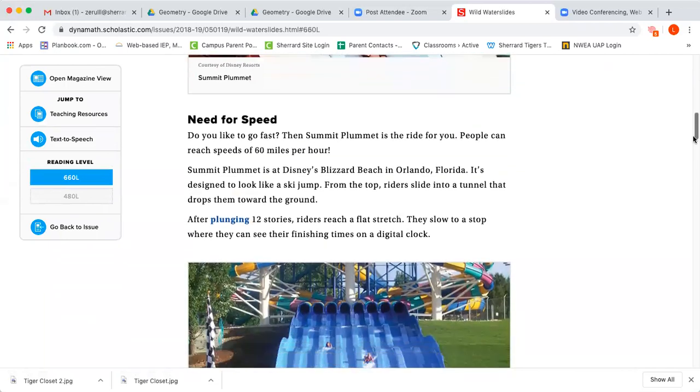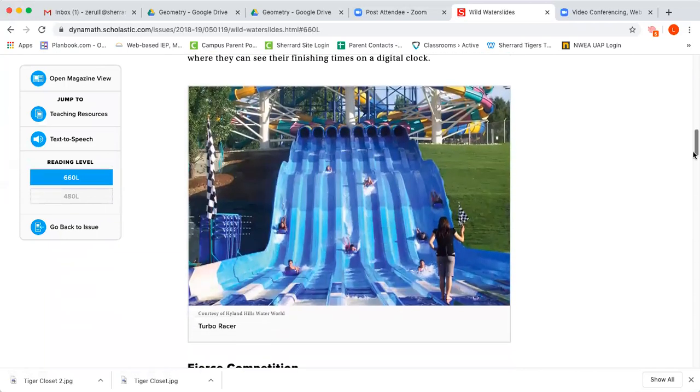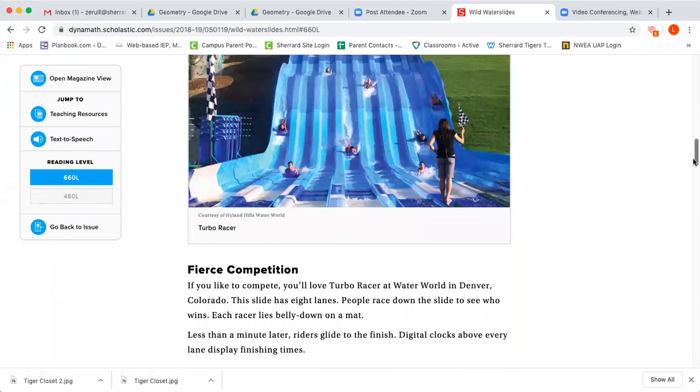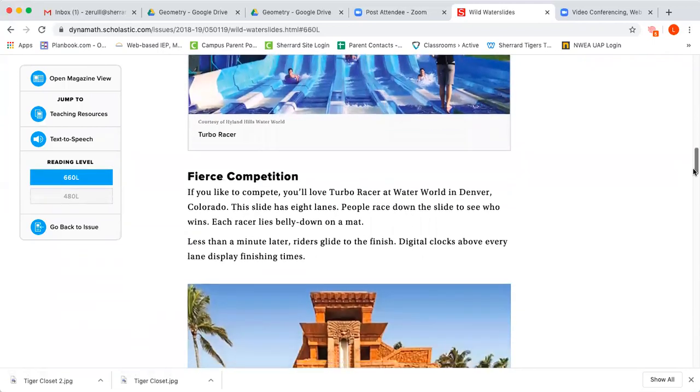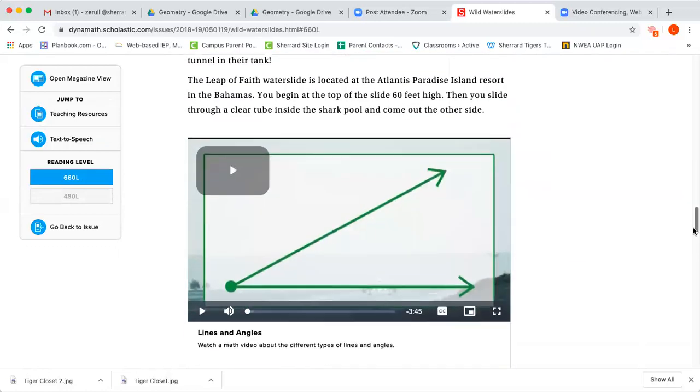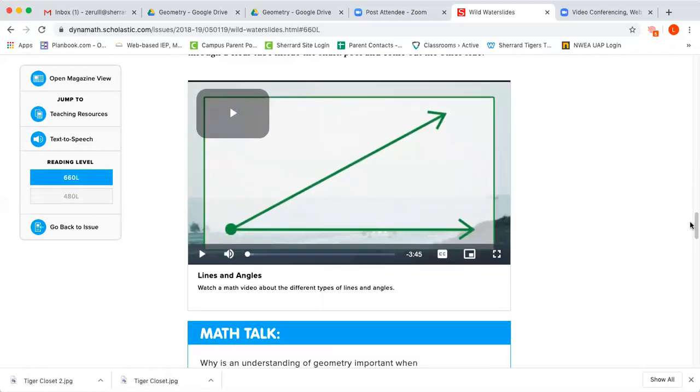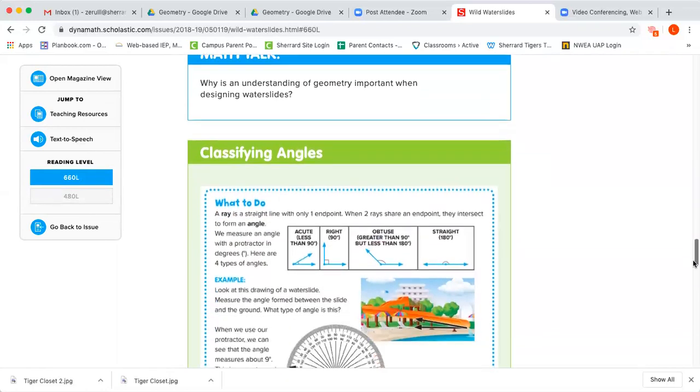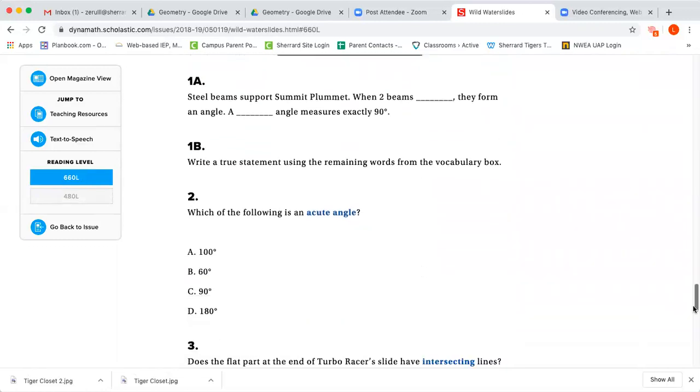They talk about angles, and obviously in water slides there has to be some pretty good knowledge of how to work with angles. And plus there's some pretty cool pictures of different water slides on here. There is some further instruction on lines and angles in here as well if you'd like to take a look at that. All sorts of different things.